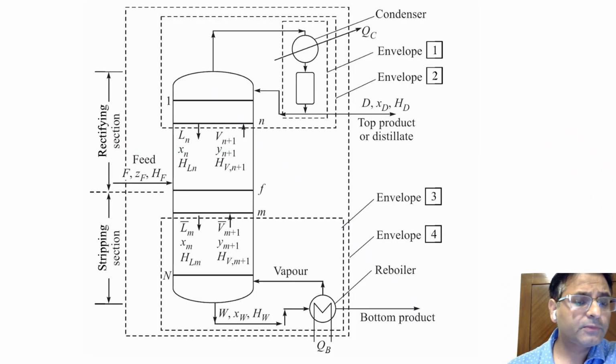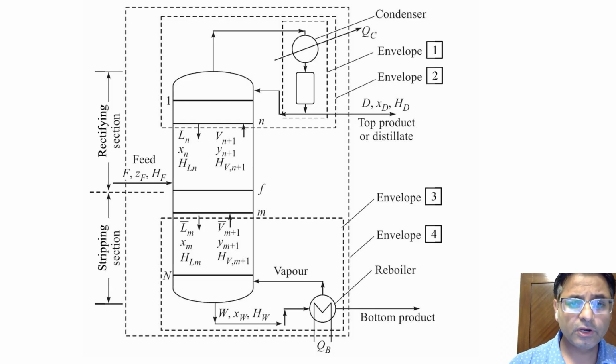Okay, so this is a design for the distillation column. Here you will see there is a stripping section and the rectification section, and the feed is going in from the left hand side. For the upper plate, the vapor is going up and the liquid is going down, and in the lower plate the liquid is going down and vapor is going up.